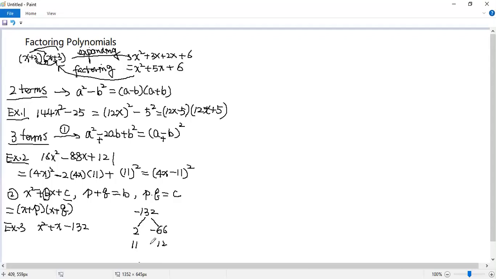If we put 12 as positive and 11 as negative, the sum is 1. Good. So we can take negative 11 as p and 12 as q. So the given polynomial can be written as (x plus p), which is x minus 11, times (x plus q), which is x plus 12.